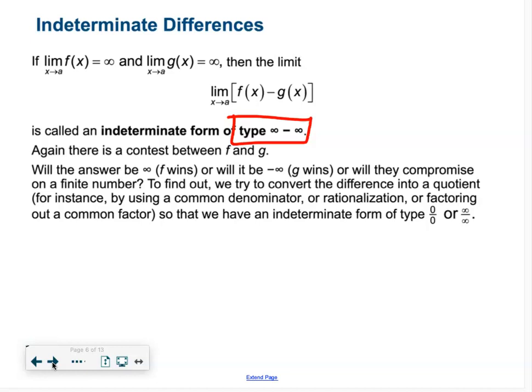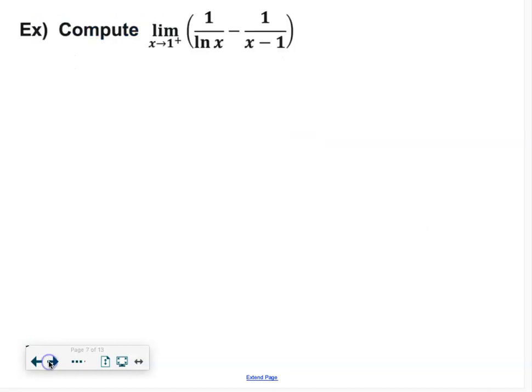It depends on the situation. So type 2 is the indeterminate form infinity minus infinity. You don't have to write all this other stuff. All right, let's do an infinity minus infinity question.